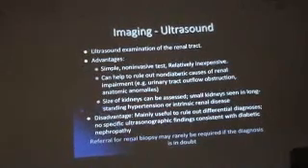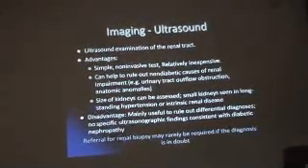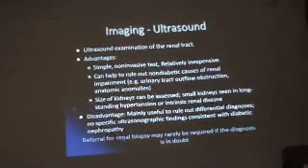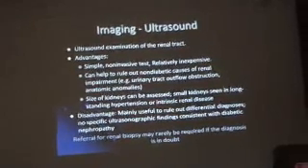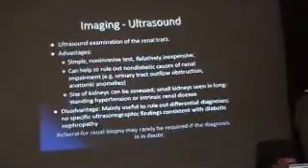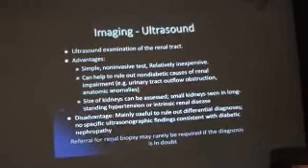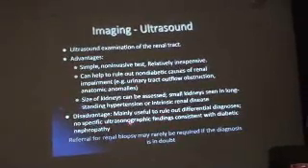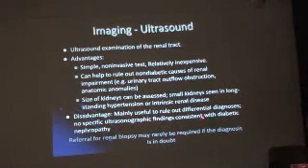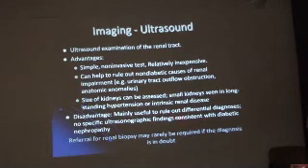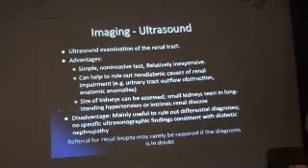If it's a symmetric decrease in size, you've got to think about either a chronic glomerulonephritis or something else going on. If it is an asymmetric decrease in size, you've got to think about a renal artery stenosis, and you try to go ahead with the Doppler study. The disadvantage when used to rule out differential diagnosis is that there are no specific ultrasound features consistent with diabetic nephropathy.